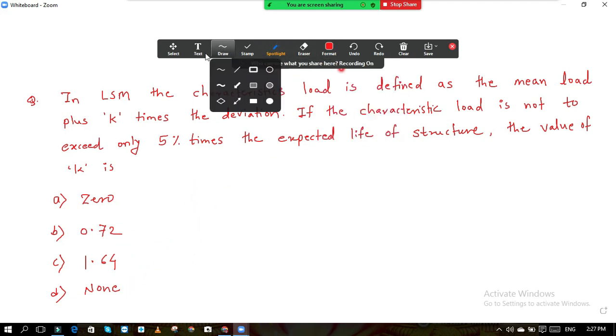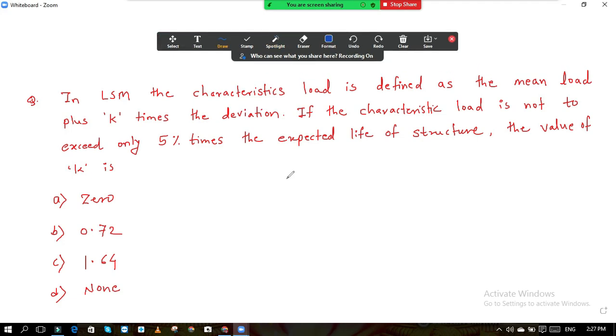So give me the answer of this question. Think on this and give me the answer. We know the formula for standard deviation, that is Fm is equal to Fck, this you learn in concrete technology second year, into Ks, where S is the standard deviation and this K is the constant. Okay, and this is the formula.